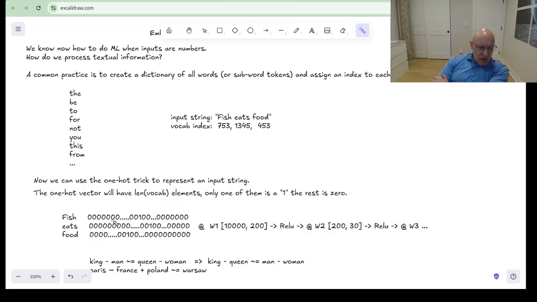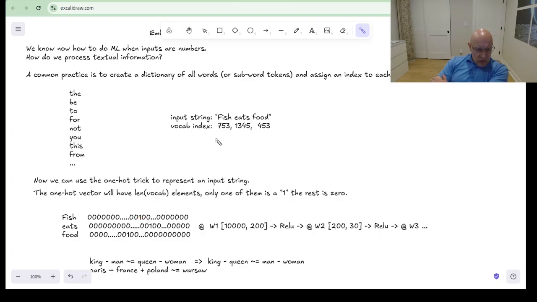And in reality, when you multiply by 0, the output is 0. So what really happens when you multiply a one-hot vector by a huge matrix like this is that the output is just the corresponding row.